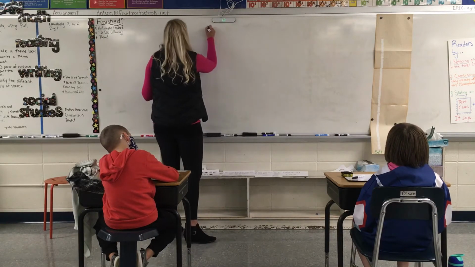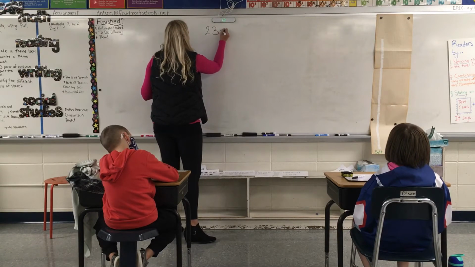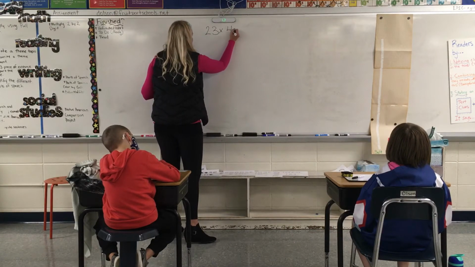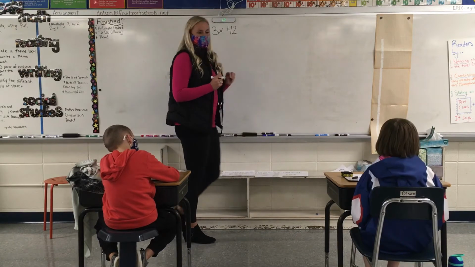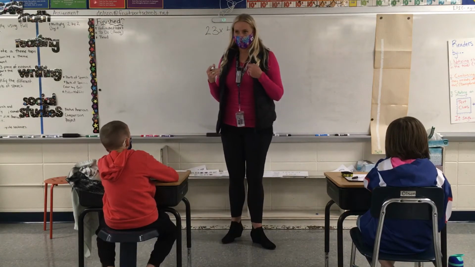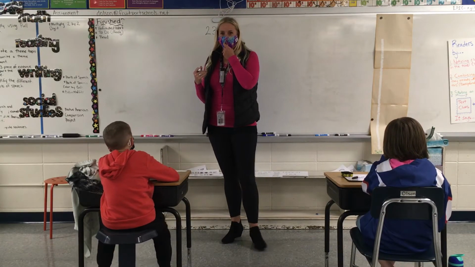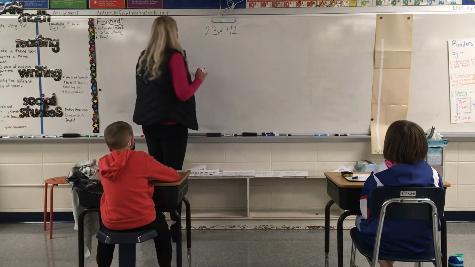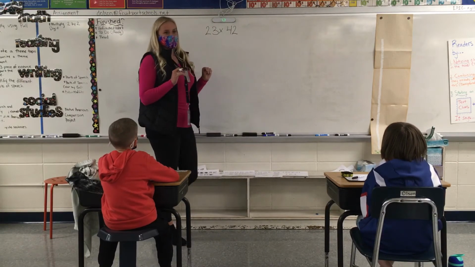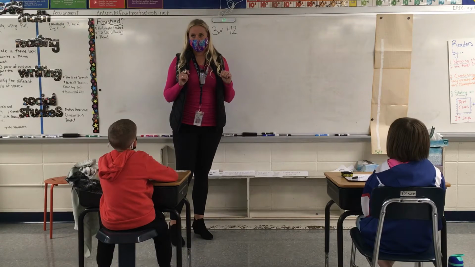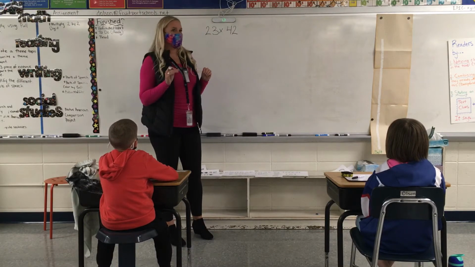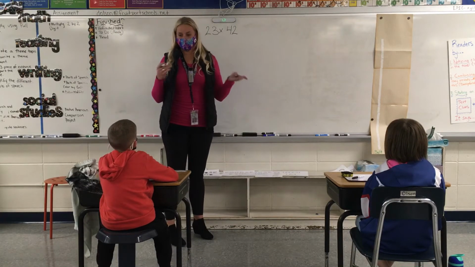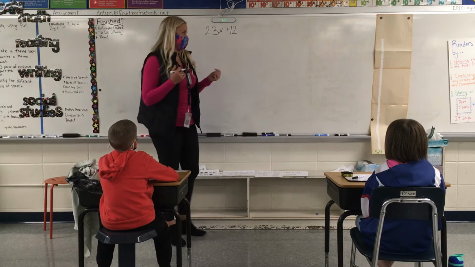So we're going to start by doing 23 times 42. All I'm going to ask you to do is watch, okay? At least the first time through. In this problem, it does not matter what number I choose to put on the top. I might choose one number on the top versus the other, and they will both work the same.